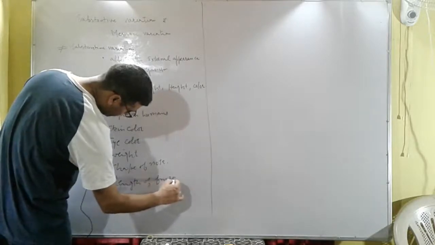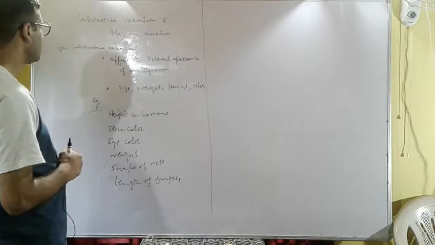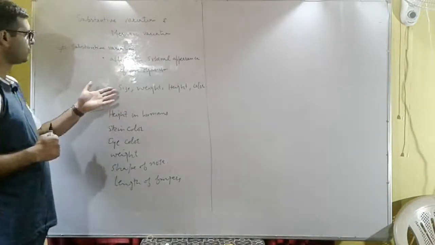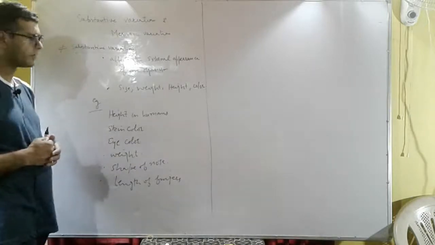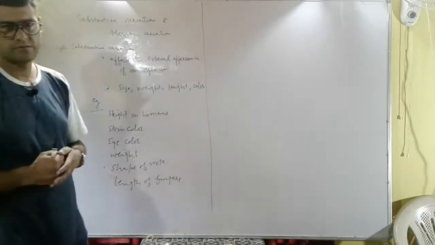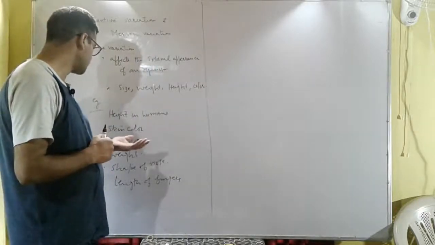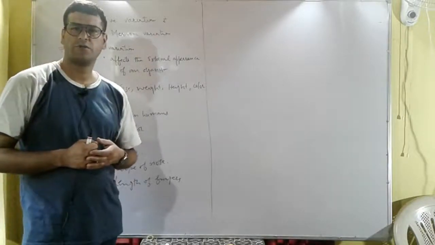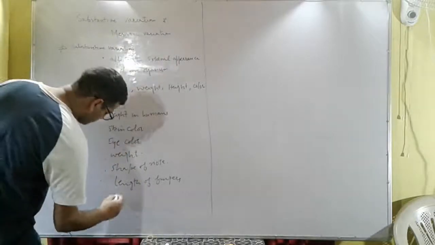These are substantive variation. So substantive variation influences the external appearance of an organism. It affects the size, weight, height, and color of an organism. Height in humans, skin color, eye color, weight, shape of nose, length of fingers, hornless cattle.